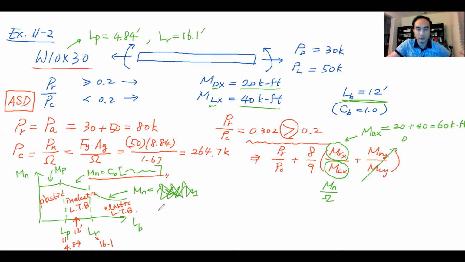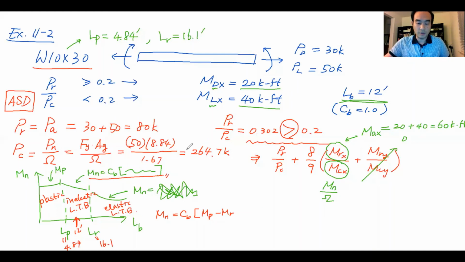The entire equation looks like this. M sub n is equal to C sub B times M P minus M R. Just copy the equation quickly. Okay, so I'm going to give you the equation number from the textbook. But in terms of B F, okay, we can use this one.